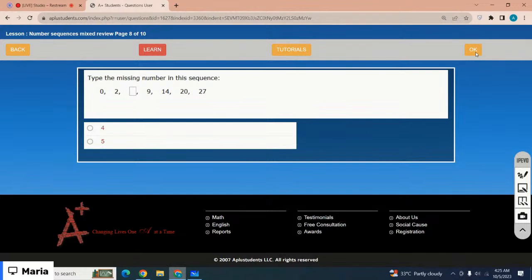Because the number you are adding is increasing by 1 every time, right? So that would be 2 plus 3 and the missing number is 5.